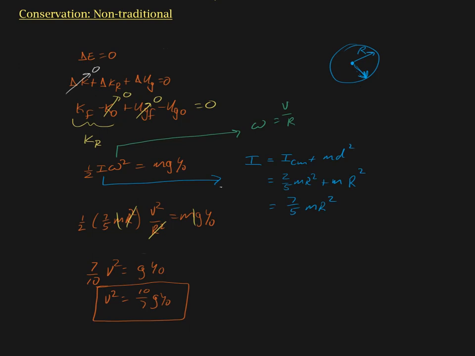And then we had to use the parallel axis theorem in order to determine what the new moment of inertia was. But in the final analysis, we got the exact same expression: v squared is equal to 10/7 gy initial, or the height of the ramp itself, the distance that it rolled vertically through.